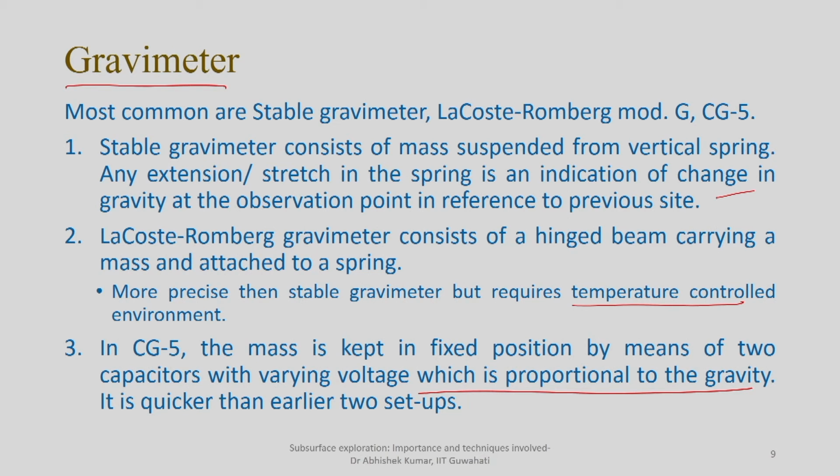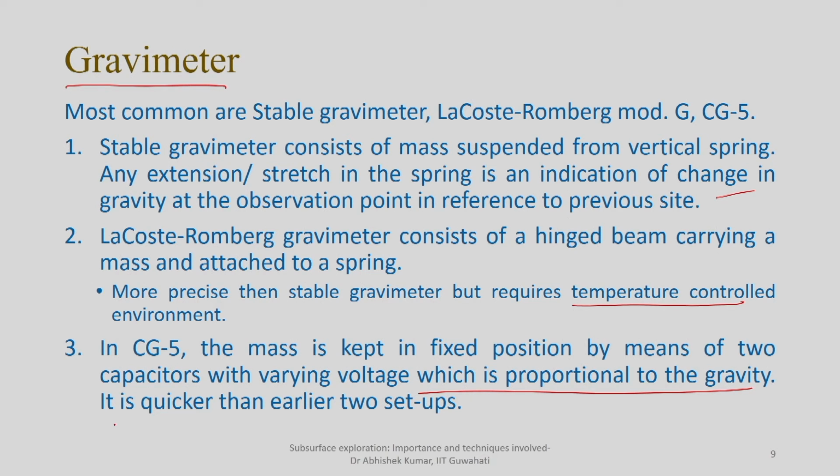So, that is how you can get an idea by means of a mass spring system based on the displacement or stiffness of the spring, or the dial gauge reading on the micrometer, or by means of potential difference as we do in CG5 kinds of gravimeter.